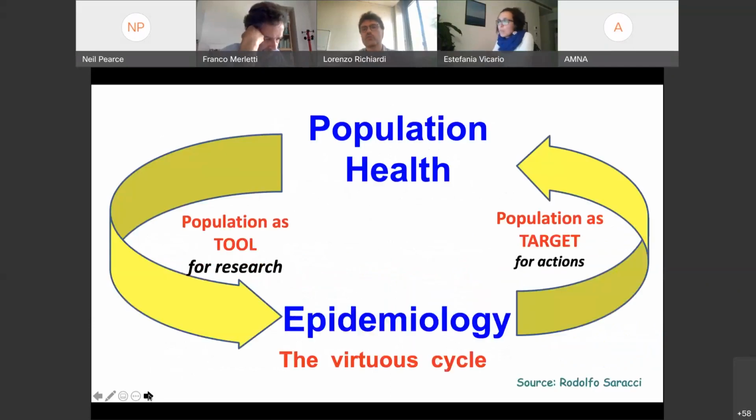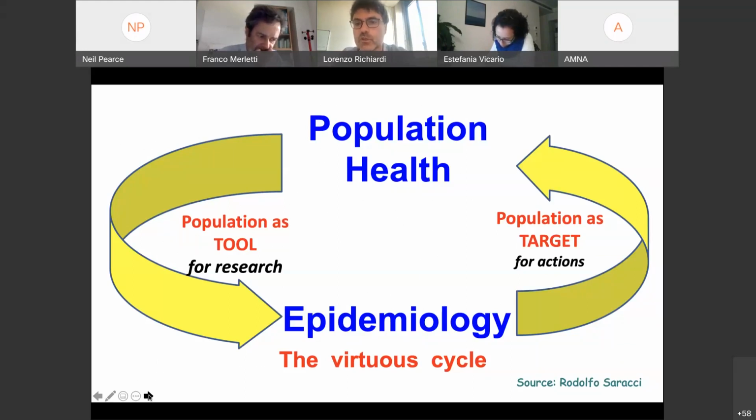I'm going to skip these two slides to just end, saying again that there is a very close relationship between epidemiology and population health, because we study associations in the populations, so they are a kind of tool for research. This slide comes from Rodolfo again, but the populations are also the targets for our action. So this is a virtuous cycle in epidemiology.